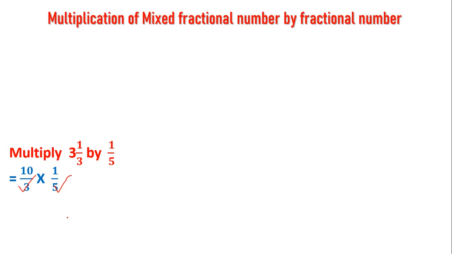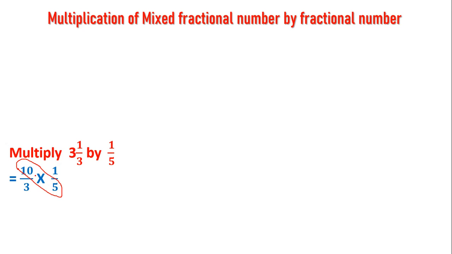Once we confirm the given fractions are in the simplest form, next we need to find the common factors of the numerator of the first fraction and the denominator of the second fraction. If there is a common factor, we will divide the numerator and denominator by this common factor.